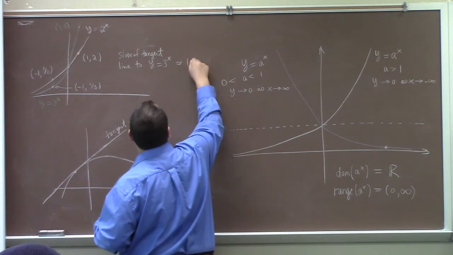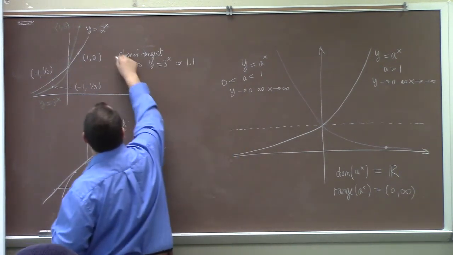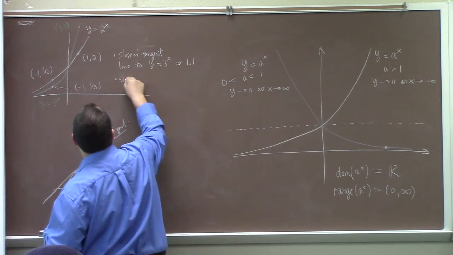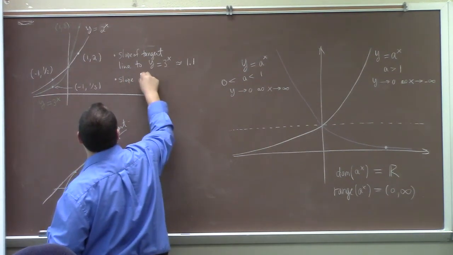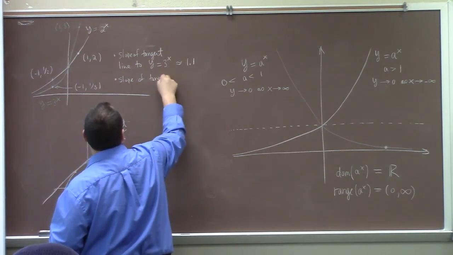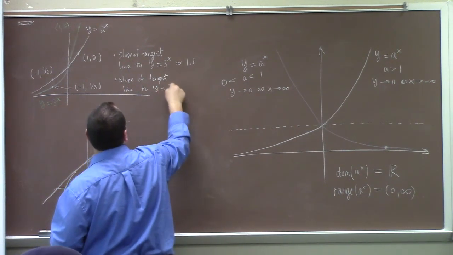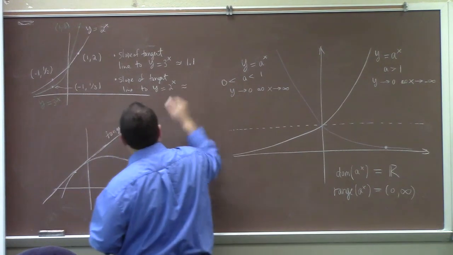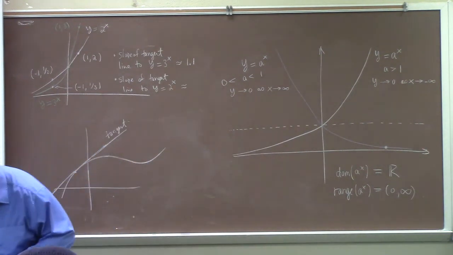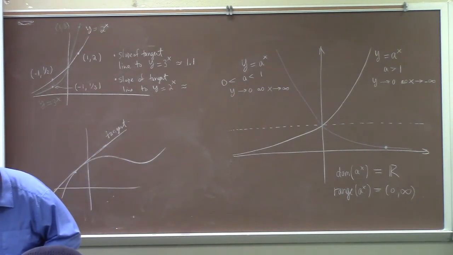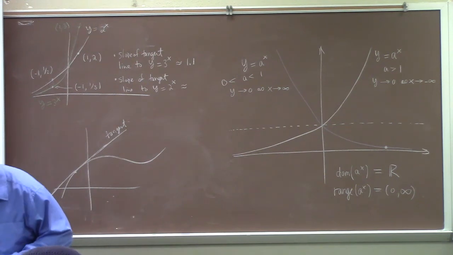And if you did the same calculation, you would find the slope of the tangent line to y equals 2 to the x is approximately 0.7.